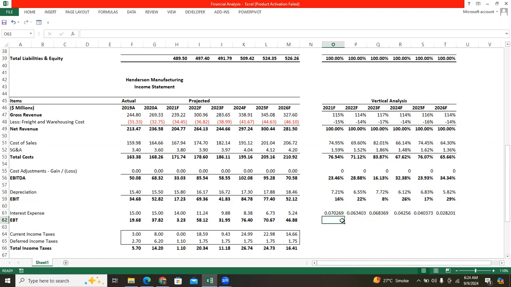My quick access toolbar has been opened. Equals my EBT margin.